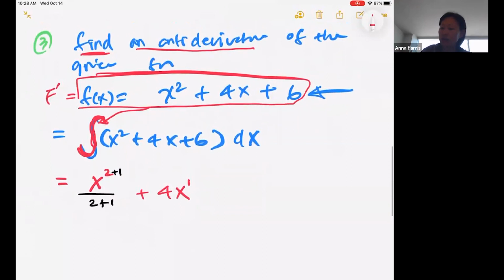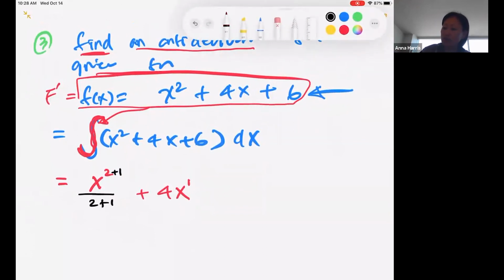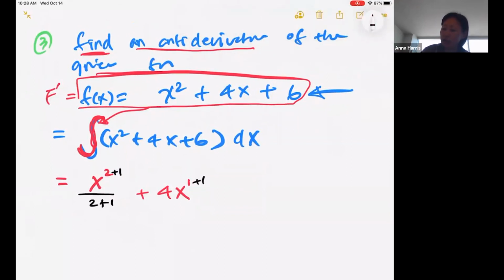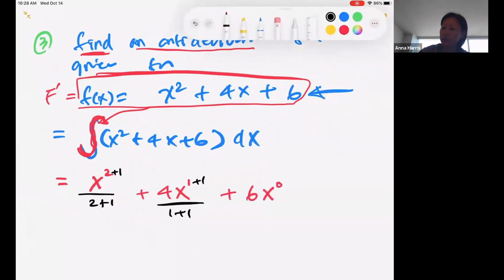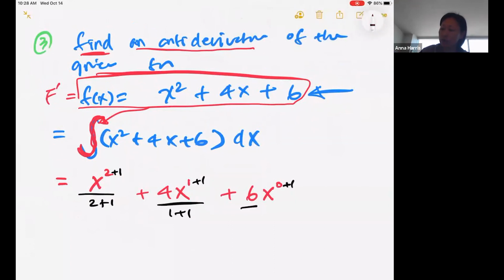All right, so let's do this one. I will do it together with you guys. So what do I do now? Add 1 to each power: 1 plus 1. Next one, plus 6, and I'm going to say x to the 0. Add 1: 0 plus 1, and plus c.